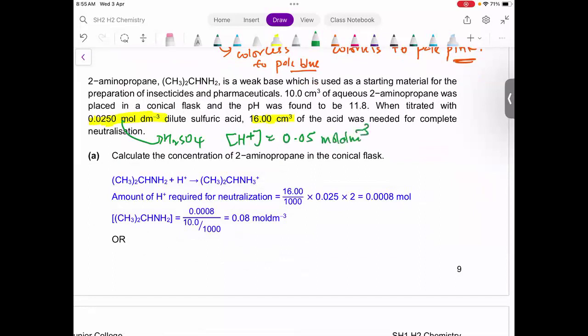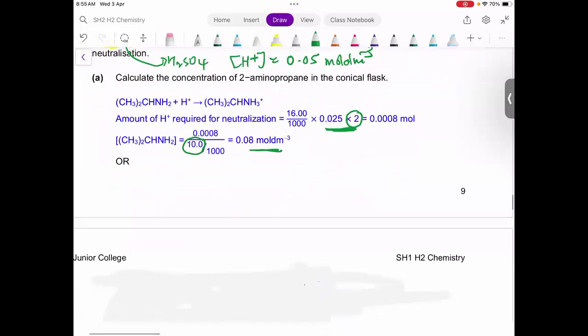When you calculate the amount of H plus, you have to multiply by 2 first. Only 10 cm cube is used for titration, so you need to convert to per dm cube. You need to check the mole ratio as well before you do any calculation.